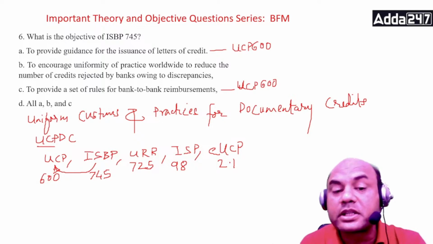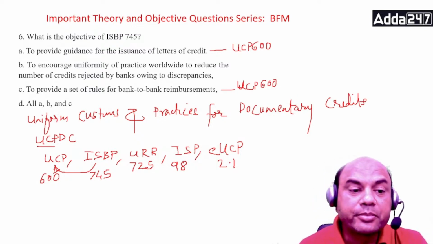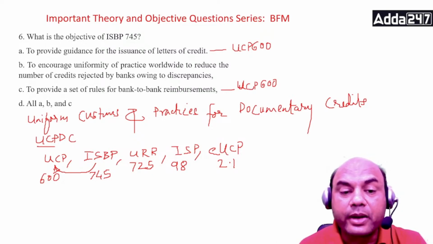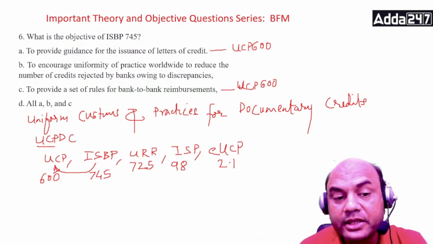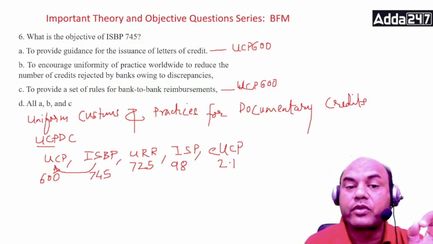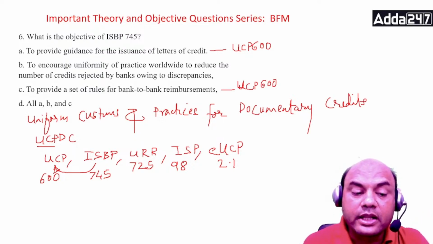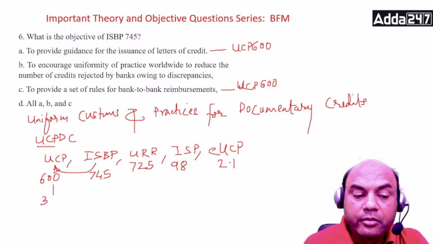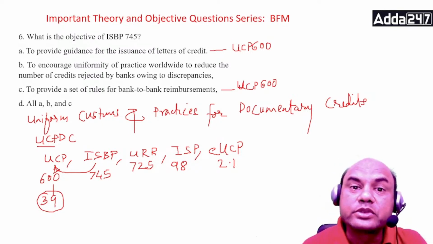Now the question remains, what is the objective of ISBP? The ISBP is to encourage the uniformity of practice worldwide to reduce the number of credits rejected by banks owing to discrepancies. Now what do you mean by this? Understand, it's very important from your CAIIB point of view also. UCP has a total of 39 articles, but they are so difficult to understand and each person interprets them in his own language.